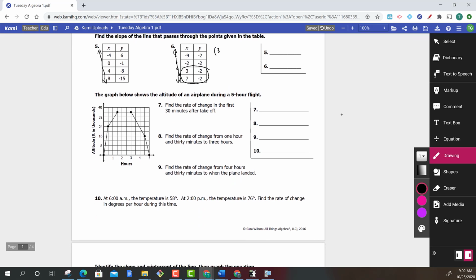So I'm going to say 3, -2 is my x1, y1, and 7, -2 is my x2, y2. And then I'm going to do the slope formula. So I'm going to take y2, and I'm going to subtract y1.